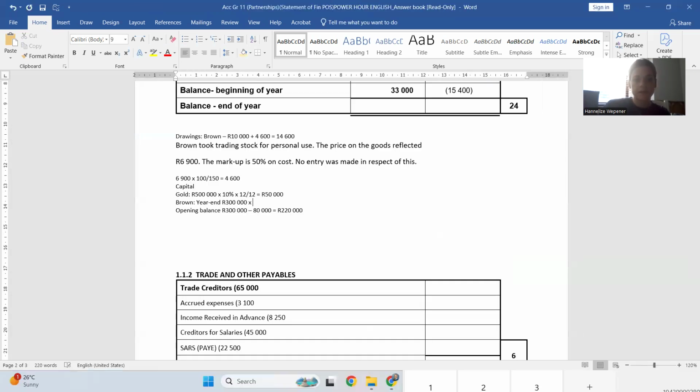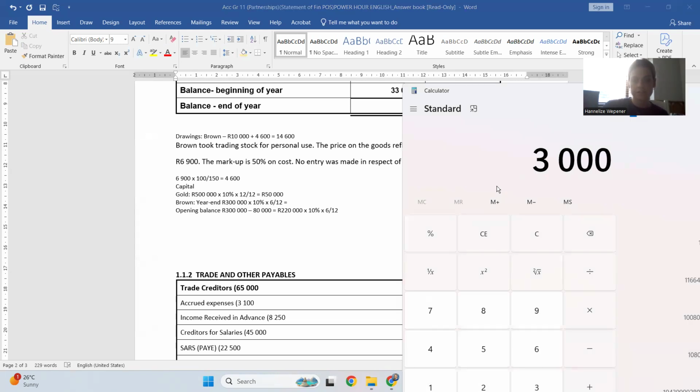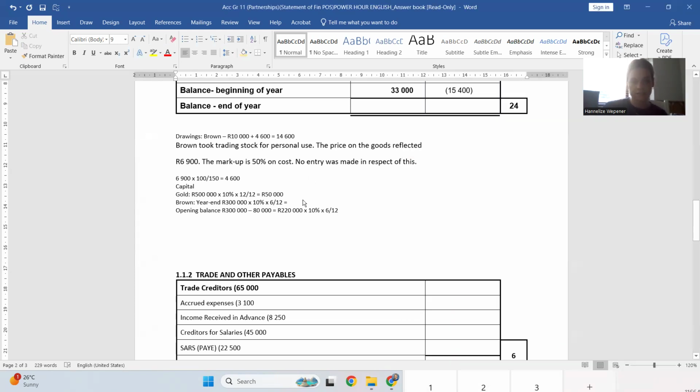Then if we're looking at Brown, she had the one capital balance at year end at 10%, but only had that capital balance for half of the year. And then she had a lower capital balance for the other 6 months during the current financial year. So she had the 300,000 times 10%, but for only 6 out of the 12 months, so 15,000.